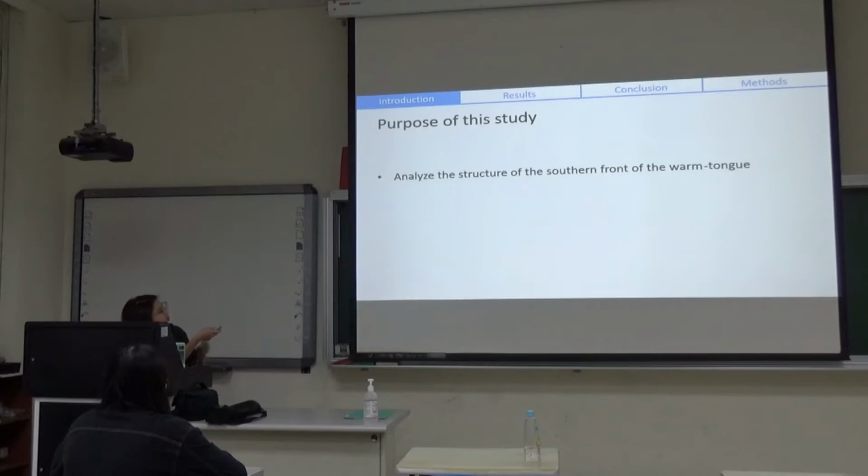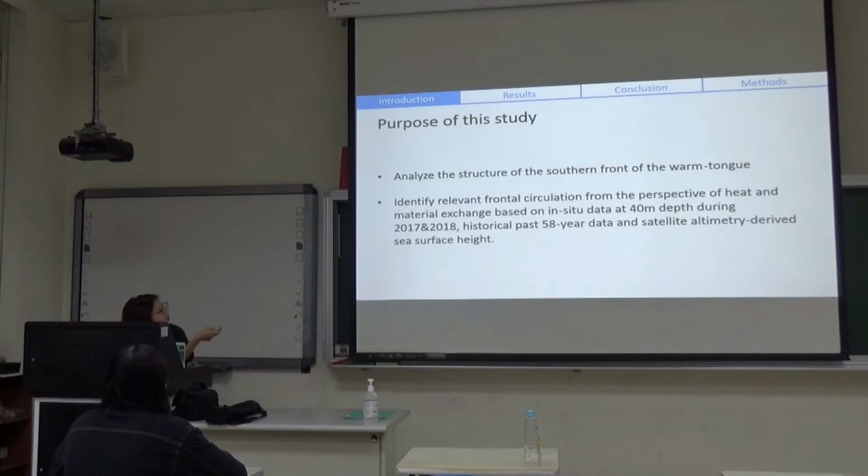So the purpose of this study is, because there are many studies that examine the structure of the northern front, we aim to analyze the structure of the southern front over the long term and identify the relevant frontal circulation from the perspective of heat and material exchange.